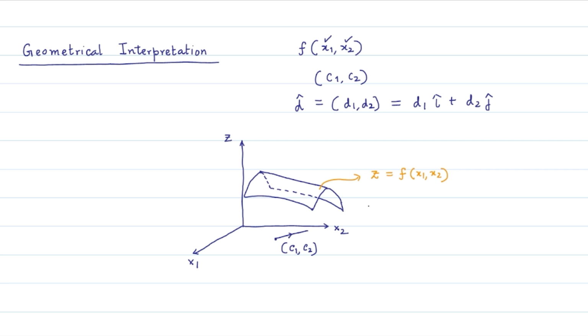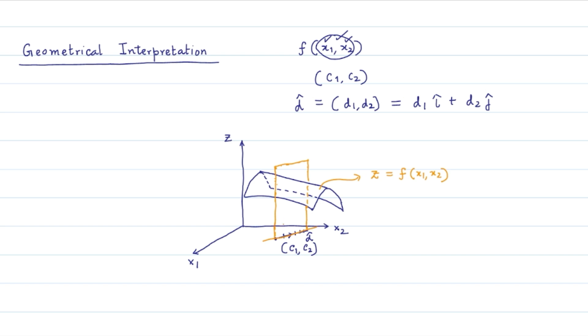Now while calculating the directional derivative of the function along this direction d hat, we confine the variable vector (x1, x2) to take points only on this ray emanating from the point (c1, c2). On this ray we are actually fixing our attention on the vertical plane passing through the point (c1, c2) and containing this particular line.